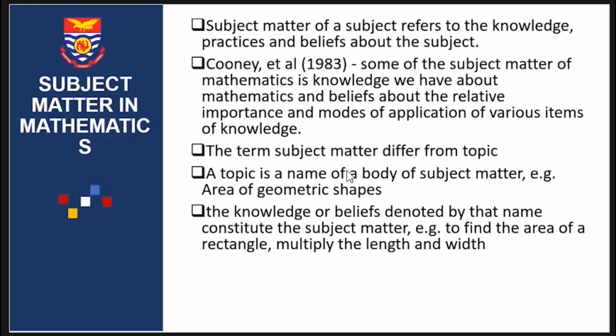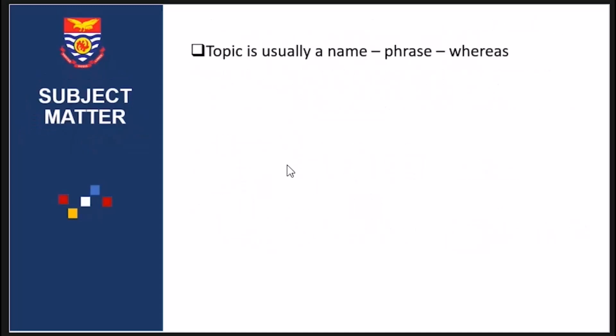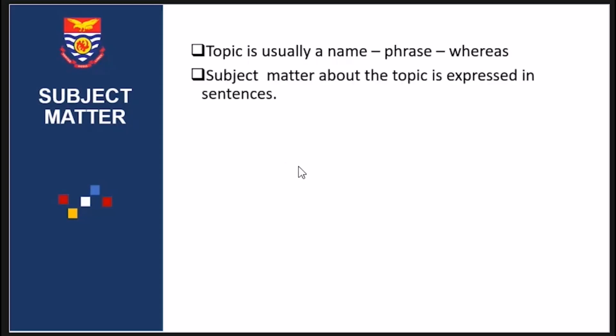So subject matter gives you detailed information about a topic. Topics are usually names or phrases, so they don't form a sentence, whereas subject matter about a topic is expressed in sentence form.